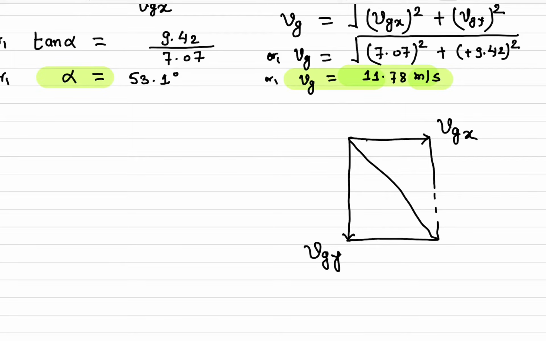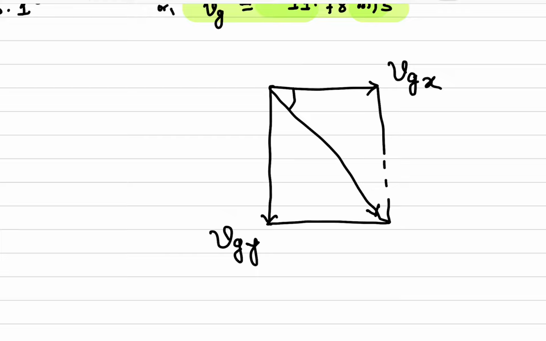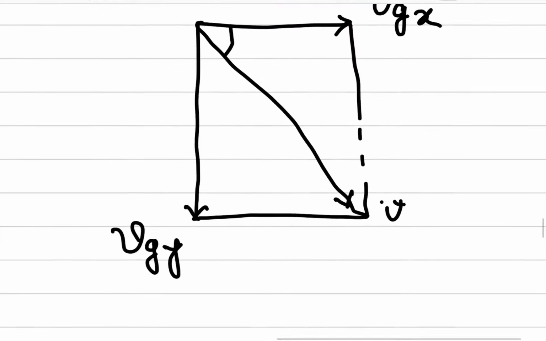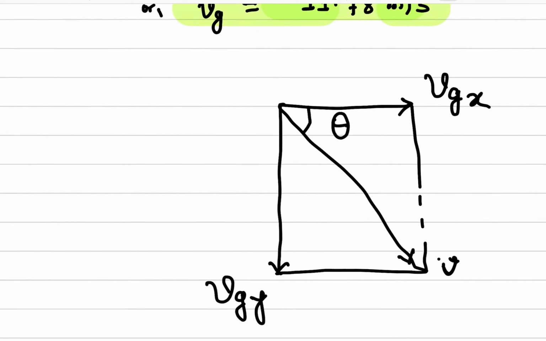Now this is your velocity at which it hits the ground, the v, and we call this angle as a theta or alpha.